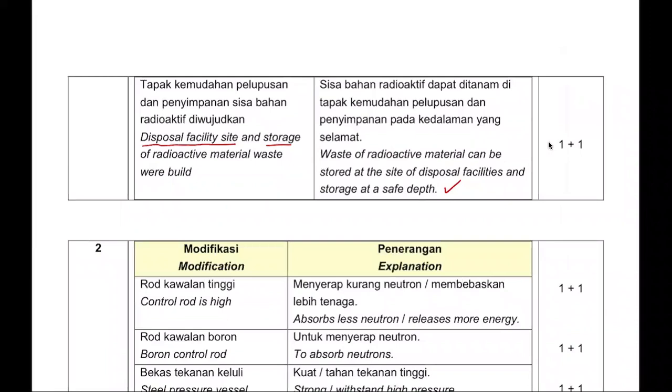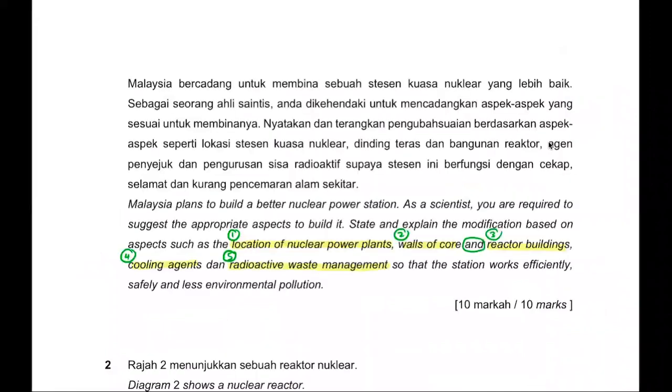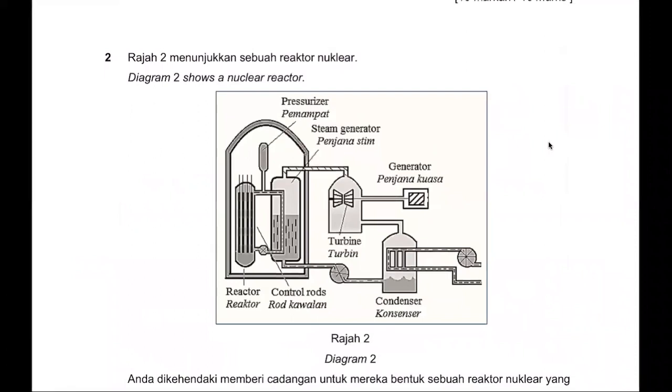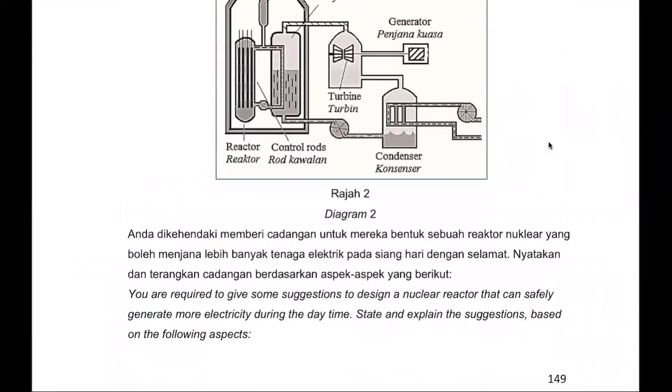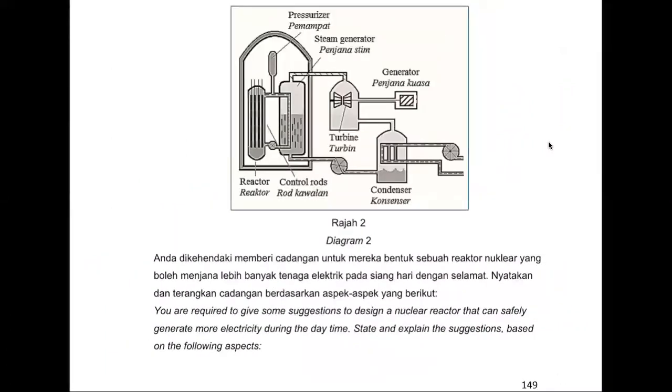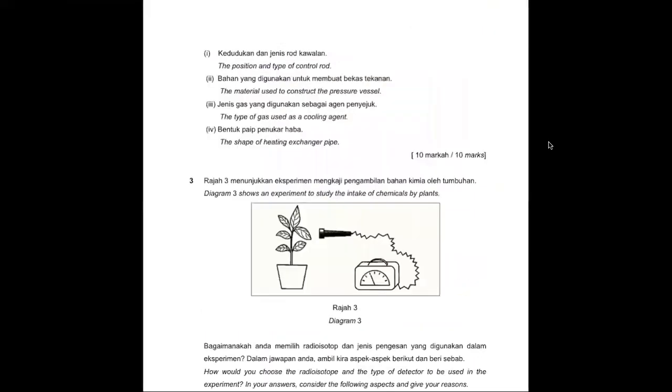Okay, so let's look at the next question. Diagram 2 shows a nuclear reactor. You are required to give some suggestions to design a nuclear reactor that can safely generate more electricity during the daytime. State and explain the suggestions based on the following aspects.